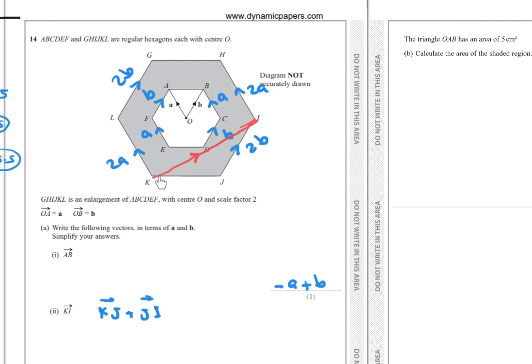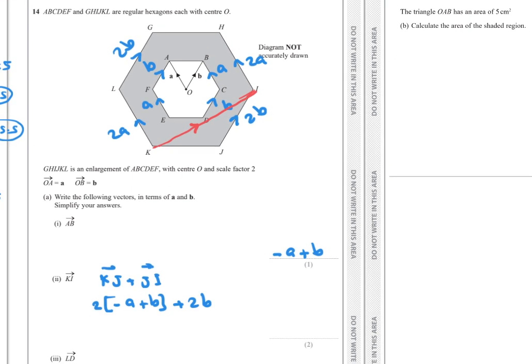KJ is double AB. We found AB before, so twice AB. So 2 into negative A plus B. And JI is 2B. So you can simplify. This will be negative 2A plus 2B plus 2B. So negative 2A plus 4B.